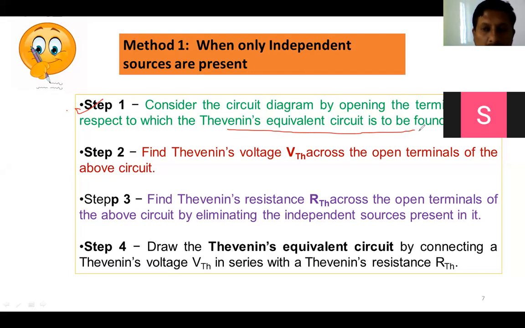If all sources are independent, then it is type 1. If you observe a dependent source along with independent sources, then that is type 2. Now we have identified that the given problem is type 1. Then in step 1, if any load resistor is there between the two terminals, you can remove it and make it open. So consider the circuit diagram by opening the two terminals with respect to which Thevenin's equivalent circuit is to be found. The load resistor you have to remove between the two terminals and make it open.